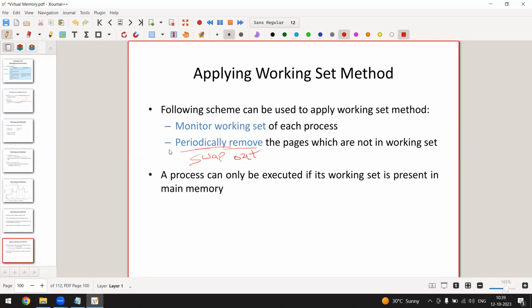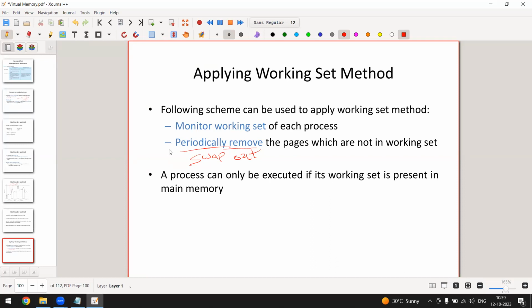A process can only be executed if its working set is present in the main memory. So now you are reducing the scope of the overall process. You are saying that it is acceptable that the process can execute only if its working set is present in the memory.